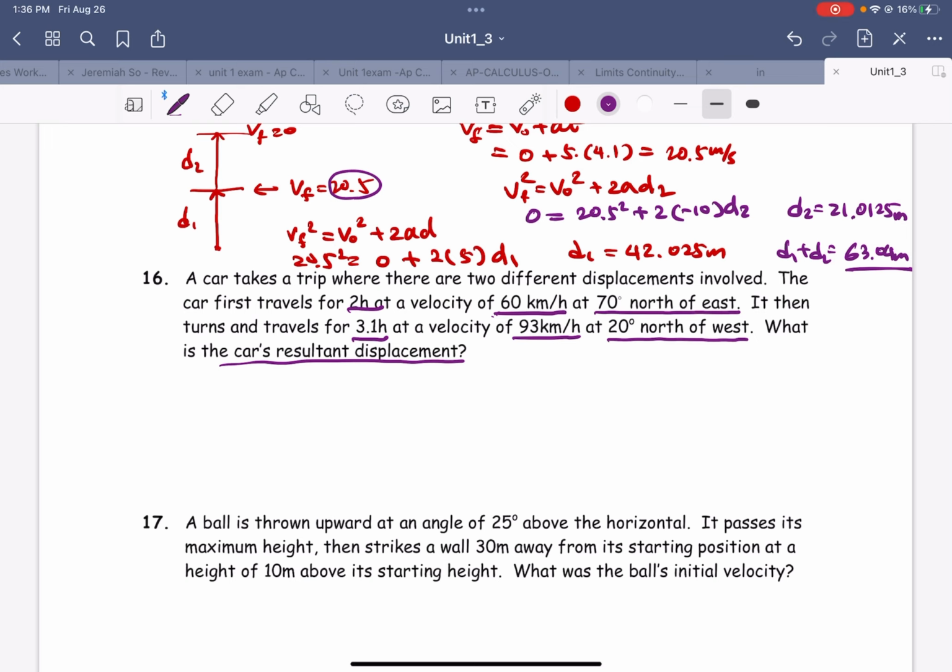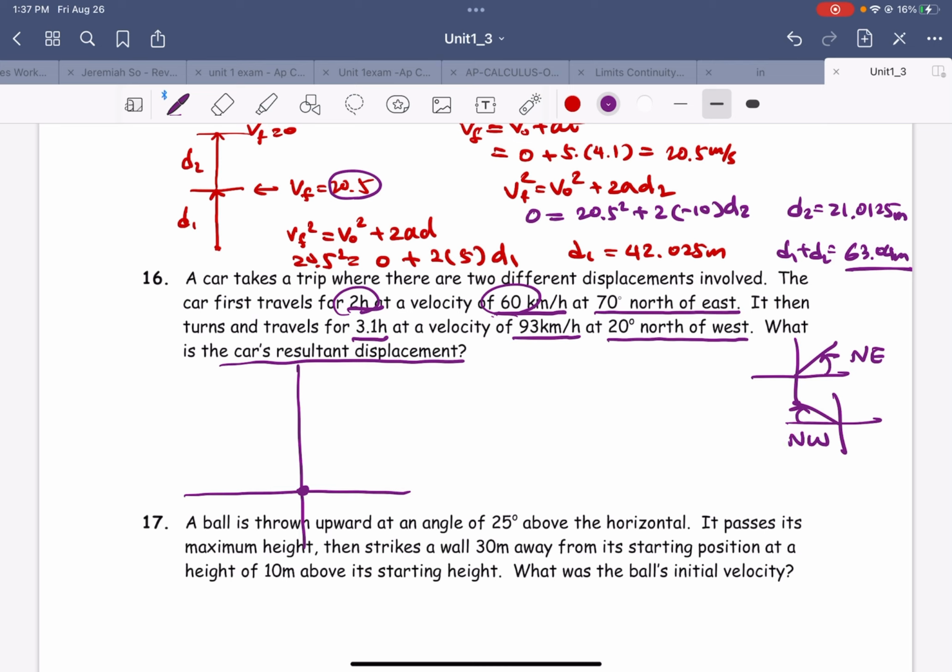So let's sketch out the situation here. It's a little complicated, but let's see. Let's say we start from here. First of all, I need to find the distance: 2 times 60, rate times time, is 120 kilometers. But you have to understand what north of east is. This direction is north of east, and if you draw this way, that's north of west.